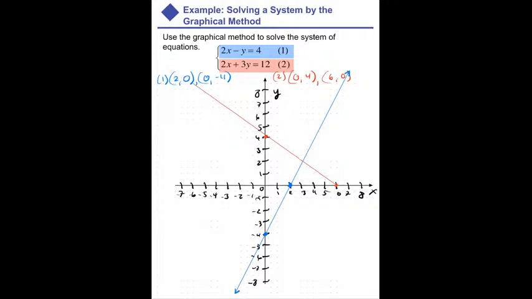And then just move it around until it fits properly. That one's close. That one's on.